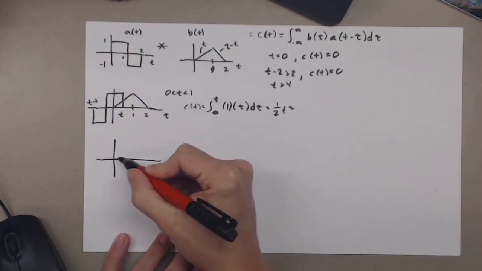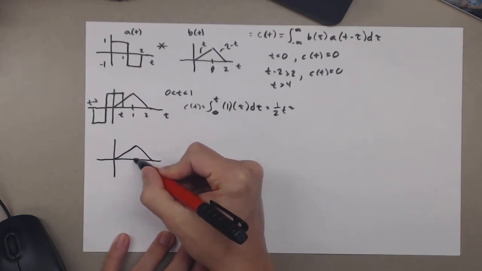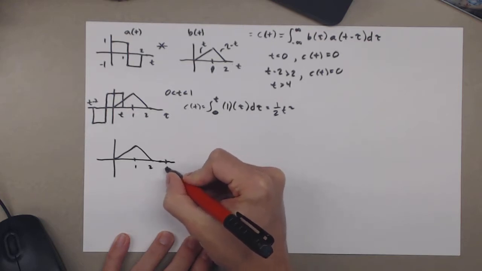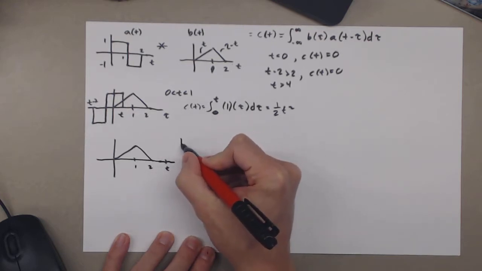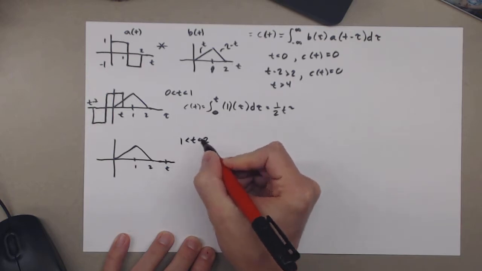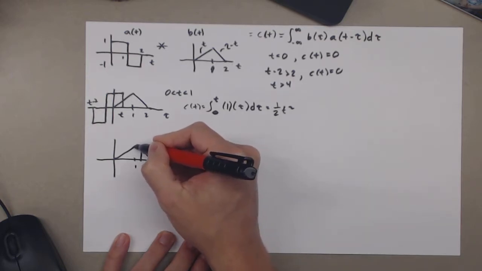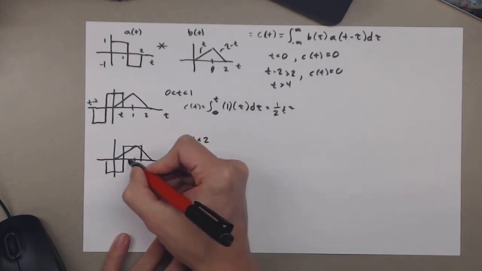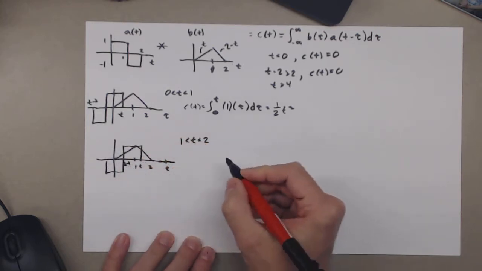Alright, next we have another situation, so another picture here. Now when t is between 1 and 2, we'll have something that looks like this. So here's t minus 1.